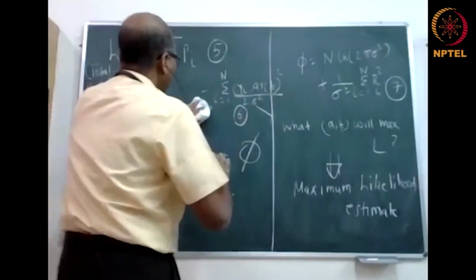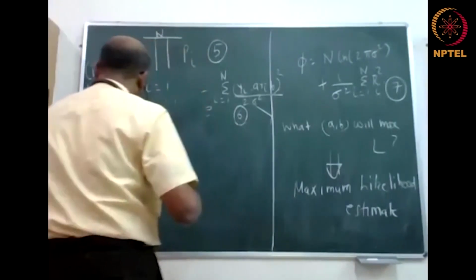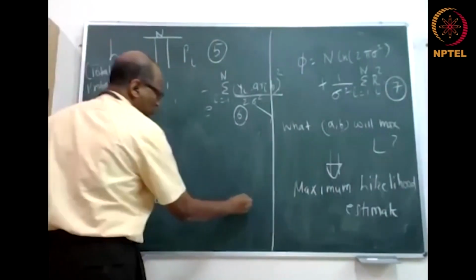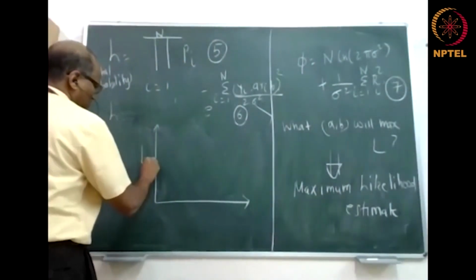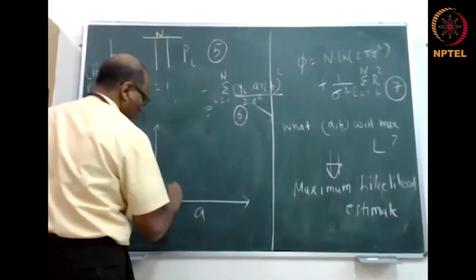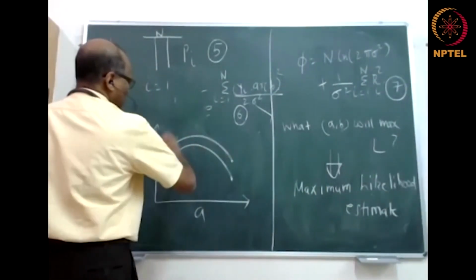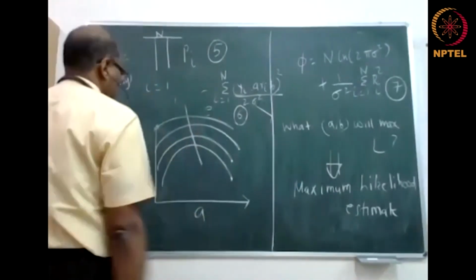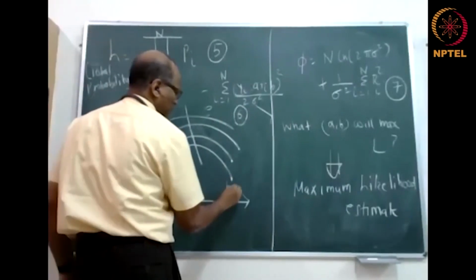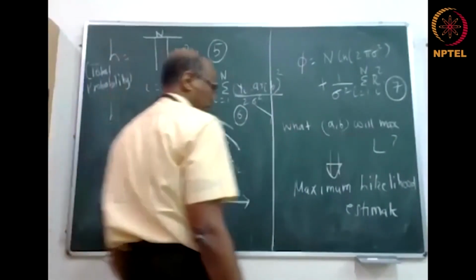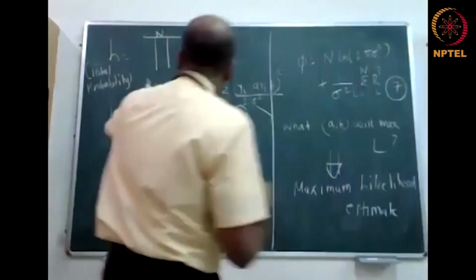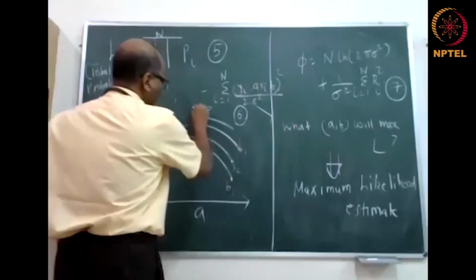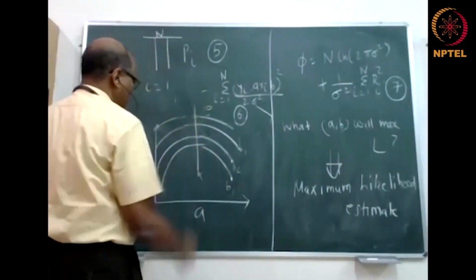Okay, I can erase this, right? So let us stay with this. Now, it is possible for me, for the same A, for example, I'm just giving you a depiction, to draw various curves for B1, B2, and find out at what value of A this L will be a maximum.